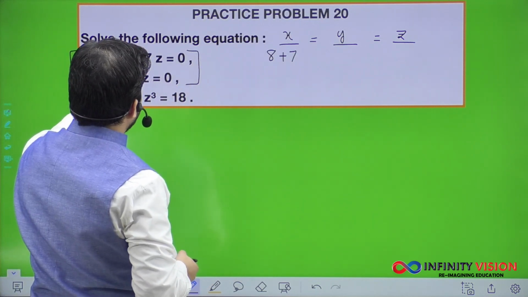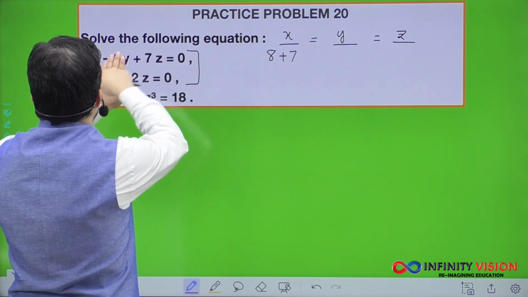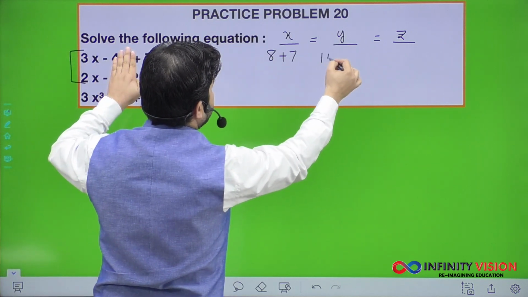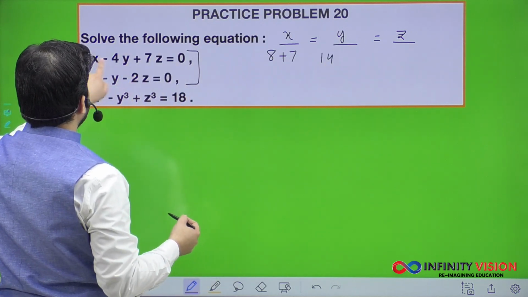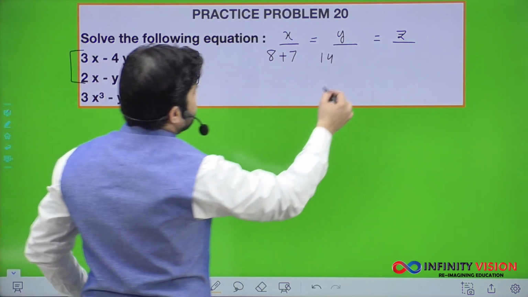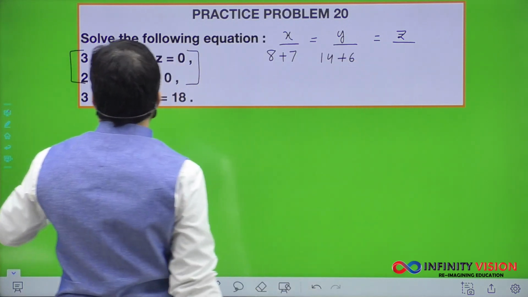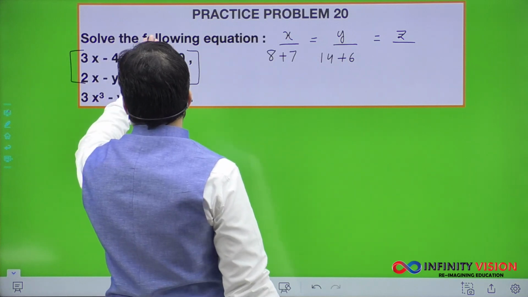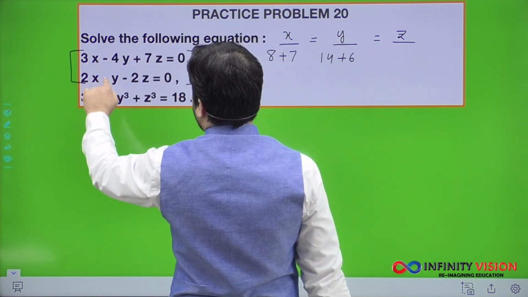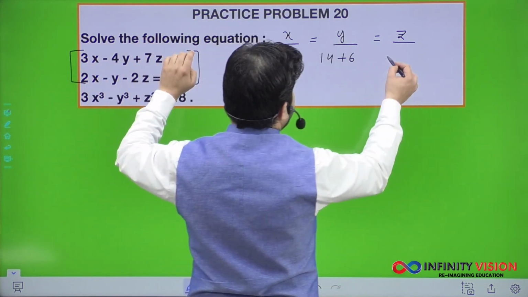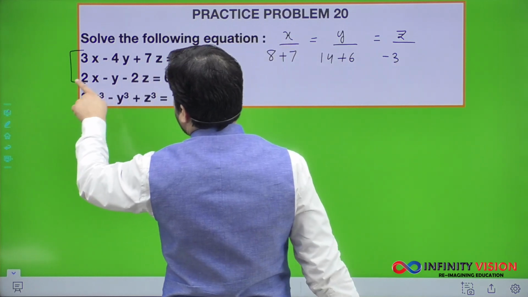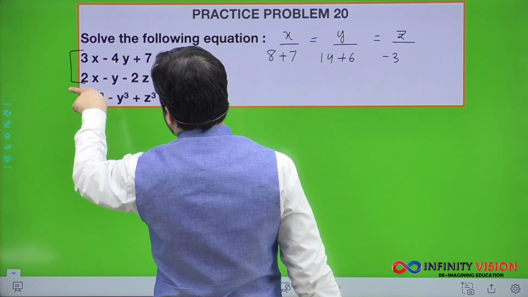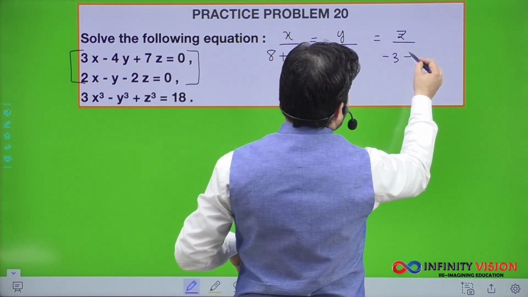For y, I'm going to hide y, so 7 will go with 2, that is 14, and minus 2 into 3 is minus 6, so minus minus plus 6. And for the last one, I'm just going to hide my z. 3 into minus 1 is minus 3, and 2 into minus 4 is minus 8, minus minus plus 8.